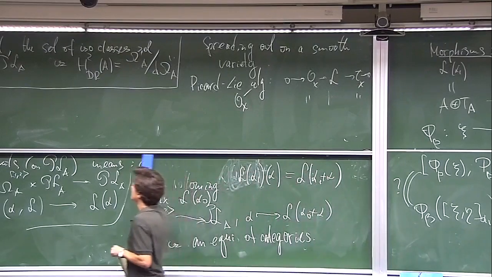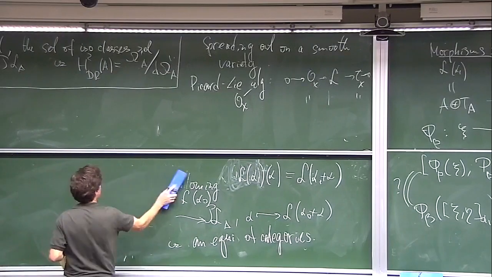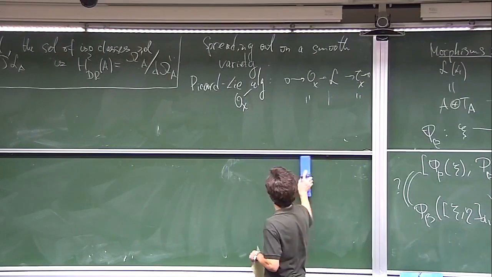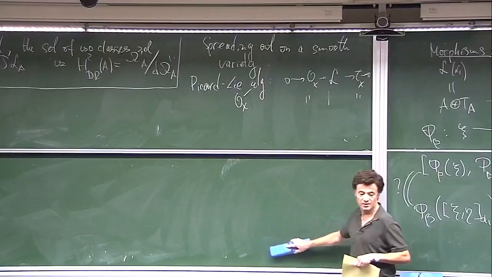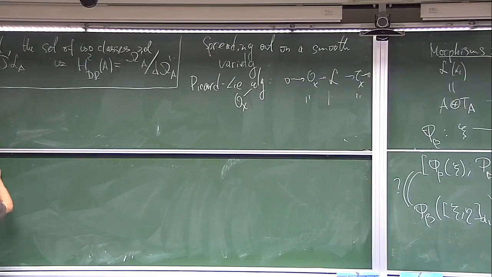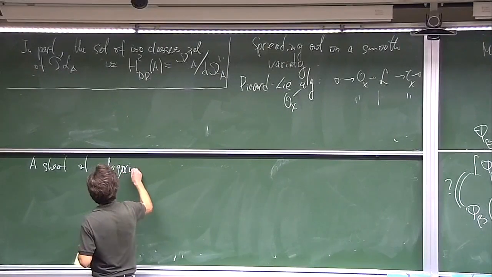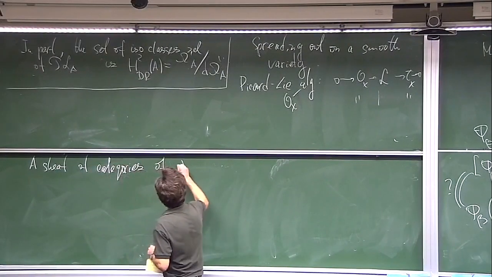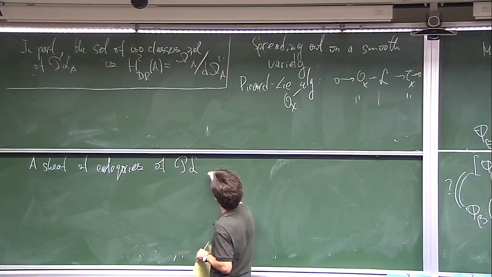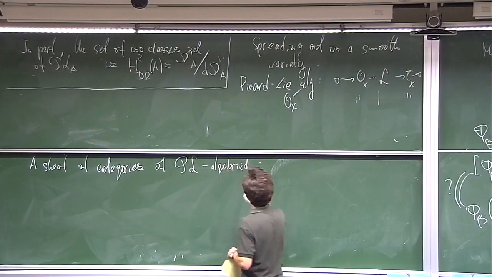And so, by way of preparation to those things, pretend that the situation is more complicated like this. What we have is a sheaf of categories of Picard-Lie algebroids.